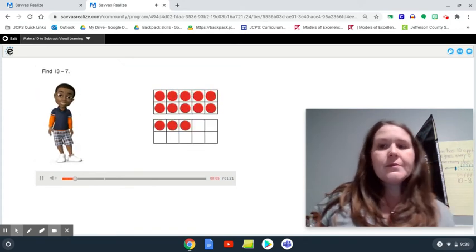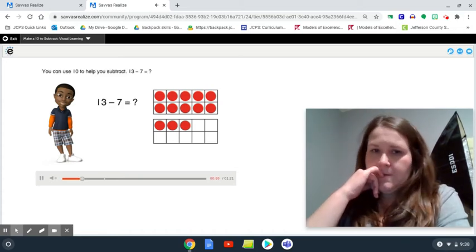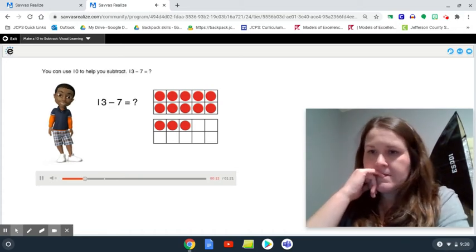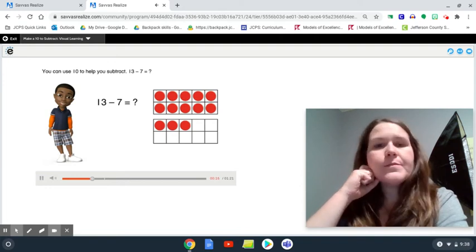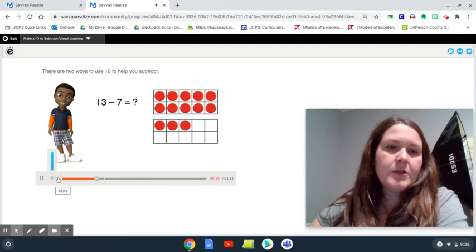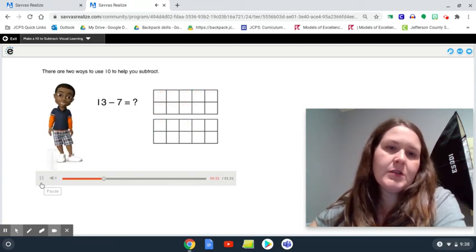Find 13 minus 7. You can use 10 to help you subtract. 13 minus 7 equals. There are 2 ways to use 10 to help you subtract.